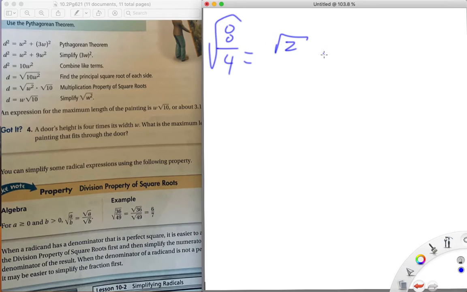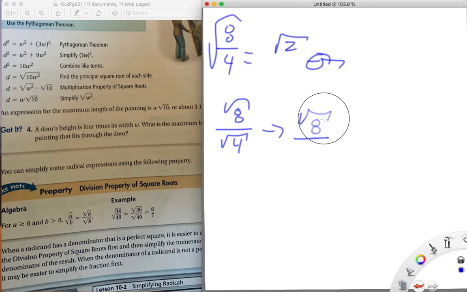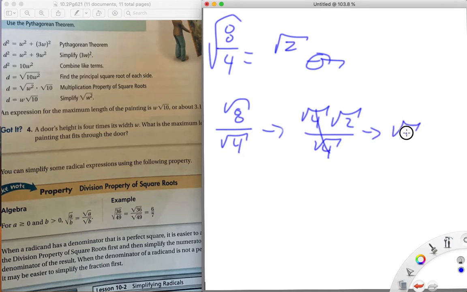Or you can do it separately. So the square root of 8 over the square root of 4, which is the square root of 4 times the square root of 2 over the square root of 4, which also gets you to the square root of 2.